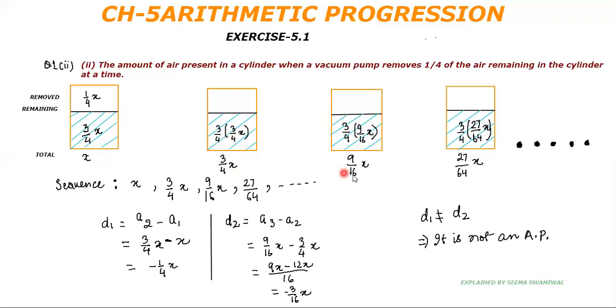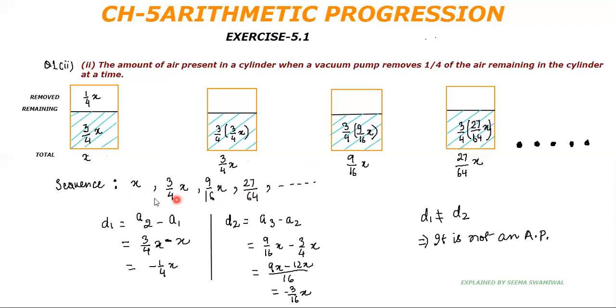That means next time when you pump, you will have 9/16 X in the cylinder, and when you pump, 3/4 of this will remain. So you will be left with 27/64 X.